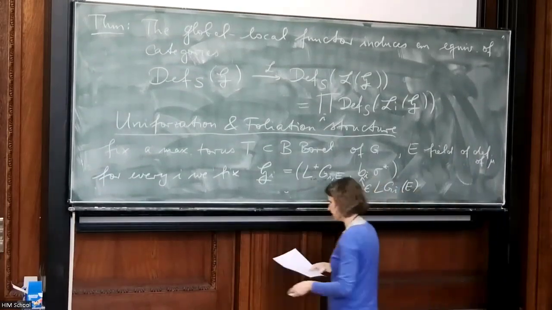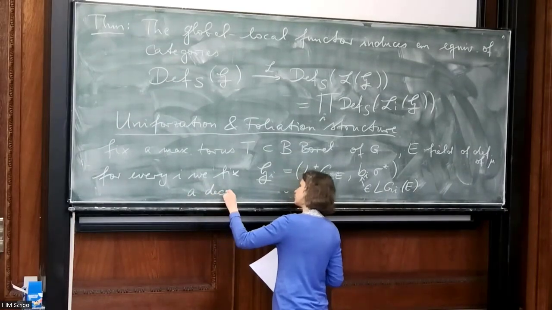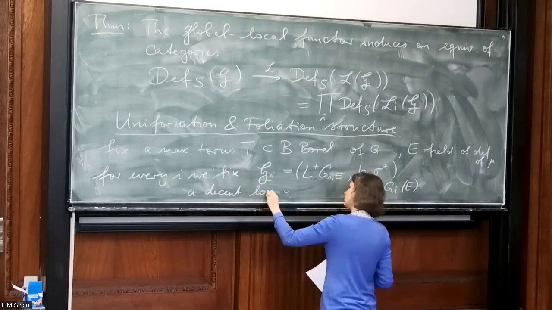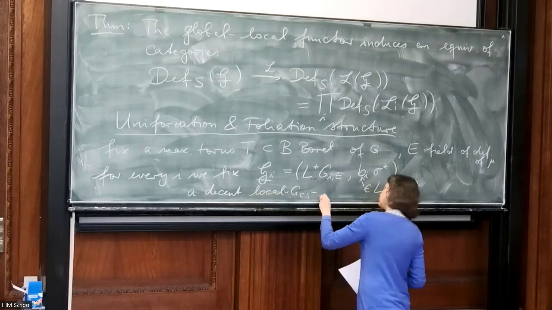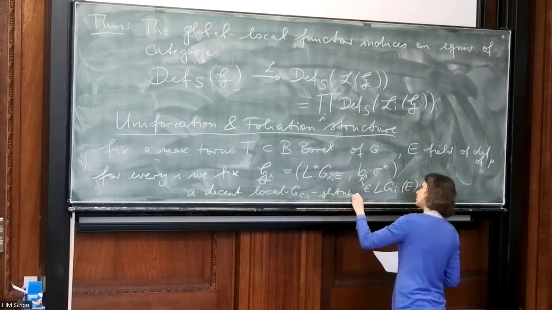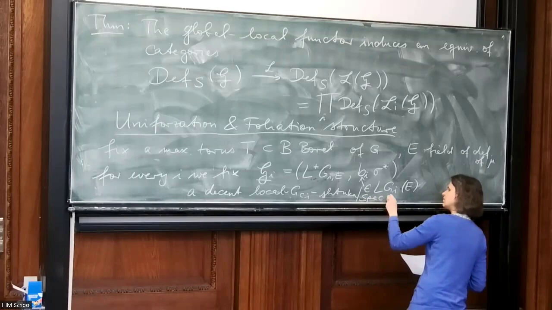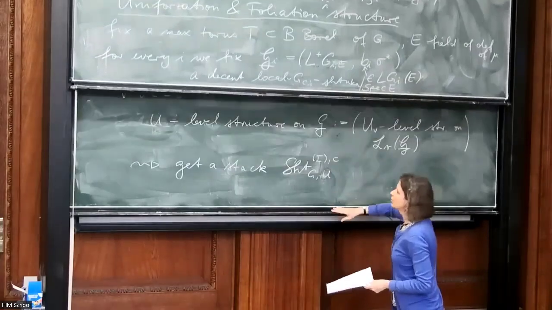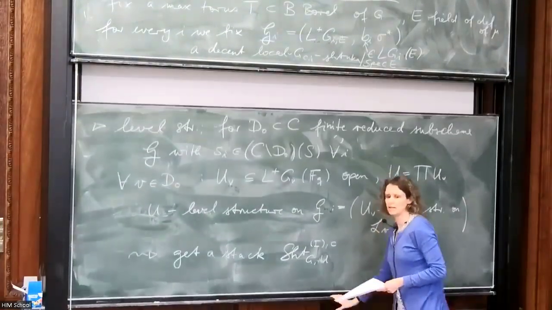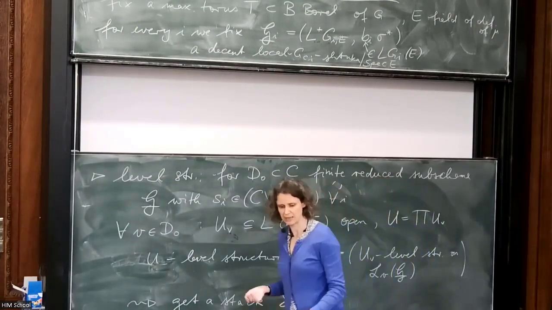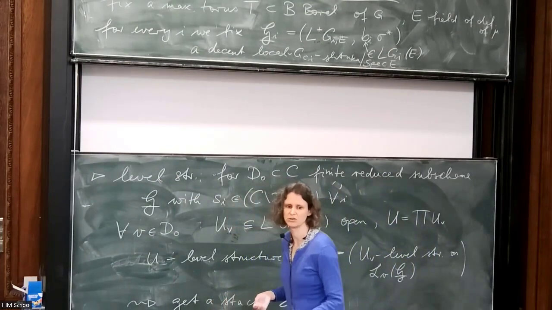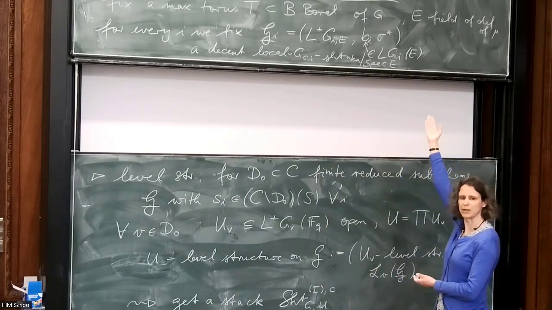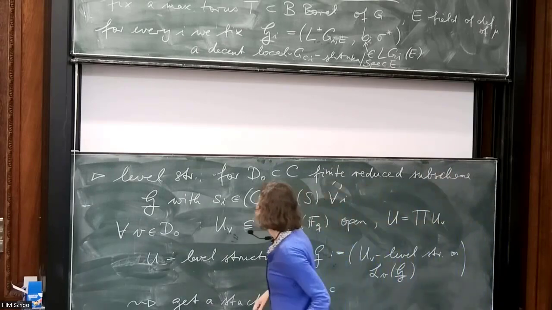And for completeness, I have to say this, I assume this to be decent, but I don't want to comment on this, a decent local G_i Shtuka over Spec E. Okay, and once we have fixed this, we have an associated Rapoport-Zink moduli space of local G_i Shtukas corresponding to this G_i underline and the corresponding mu_i, this bound that we fixed.